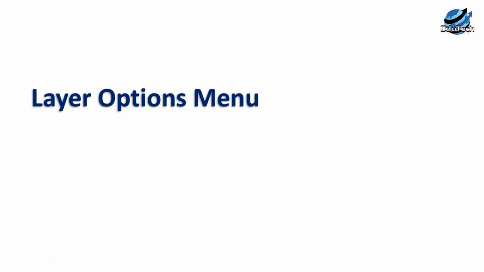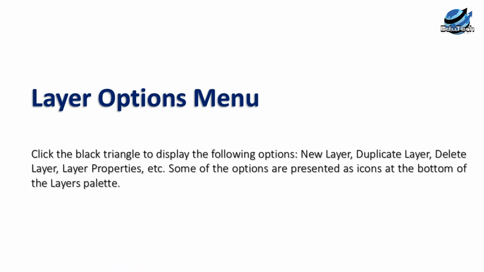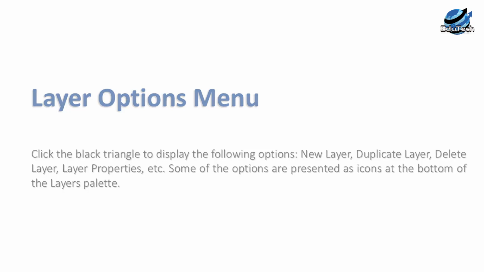Layer Options menu. Click the black triangle to display the following options: New layer, duplicate layer, delete layer, layer properties, etc. Some of the options are presented as icons at the bottom of the Layers palette.